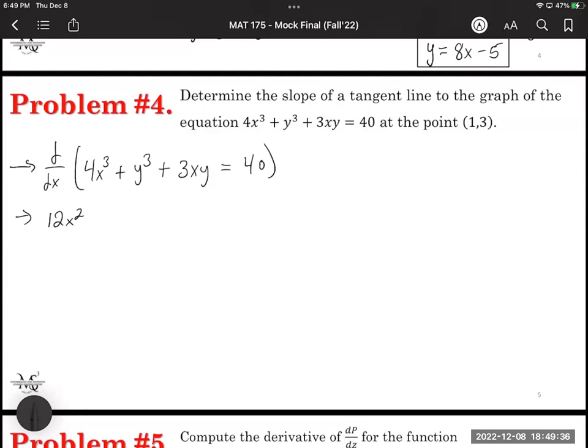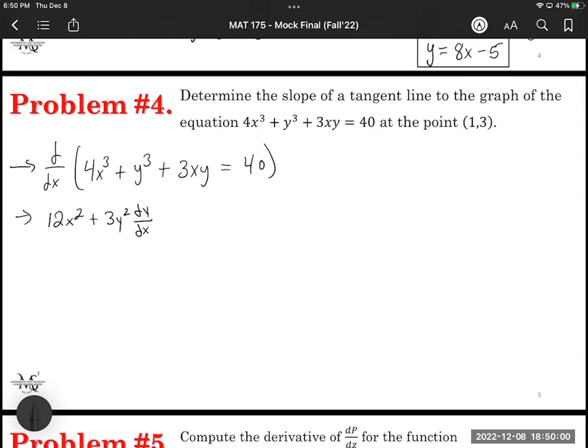It will be 3y squared times dy/dx. There you go. Some instructors use y prime here. I use dy/dx because sometimes I confuse y prime with y to the first when I'm doing something that involves a lot of algebra. So I'd stick with the dy/dx notation.